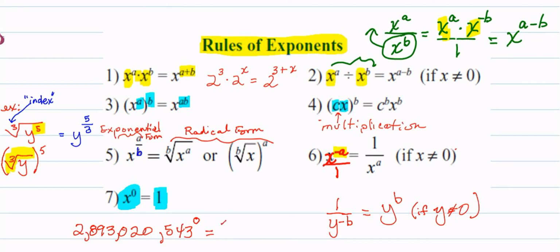Always. I can raise any number to the 0 power, as long as it's not 0. Hint, hint. Remember that. Okay, anything to the 0 power is 1. I said it again, and I'm going to say it again and again many times before the semester is over, just not now. Let's move on.